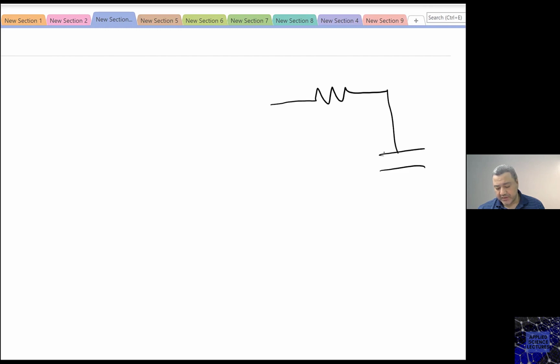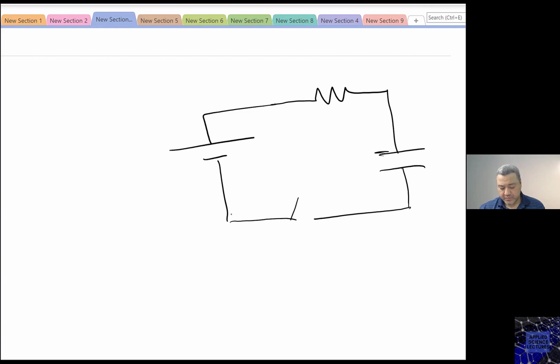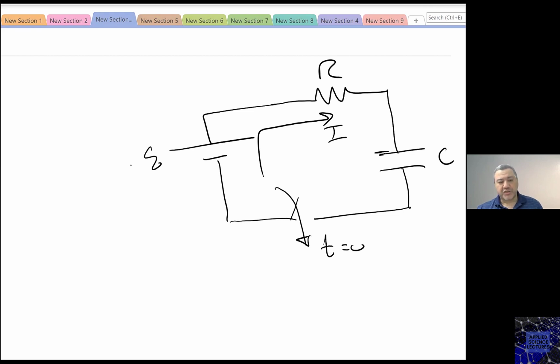I have a capacitor, and this capacitor had a switch here, and this switching is happening at t equals to zero. Now the switch is closed, and it was closed for a long time.